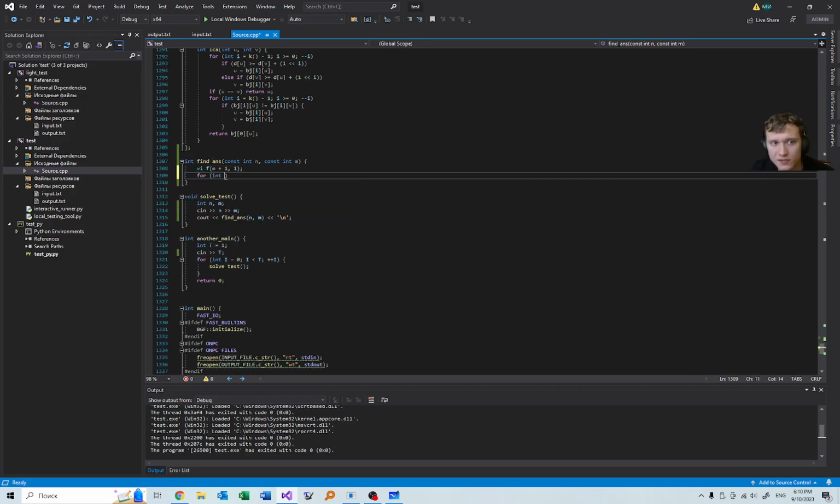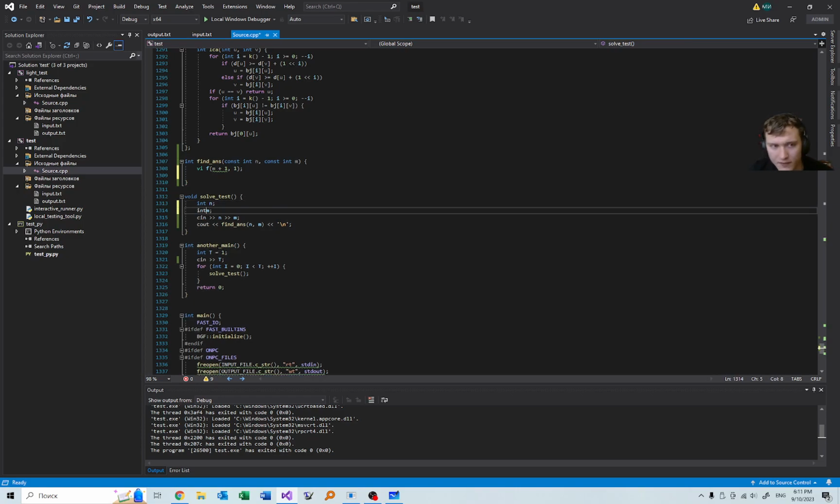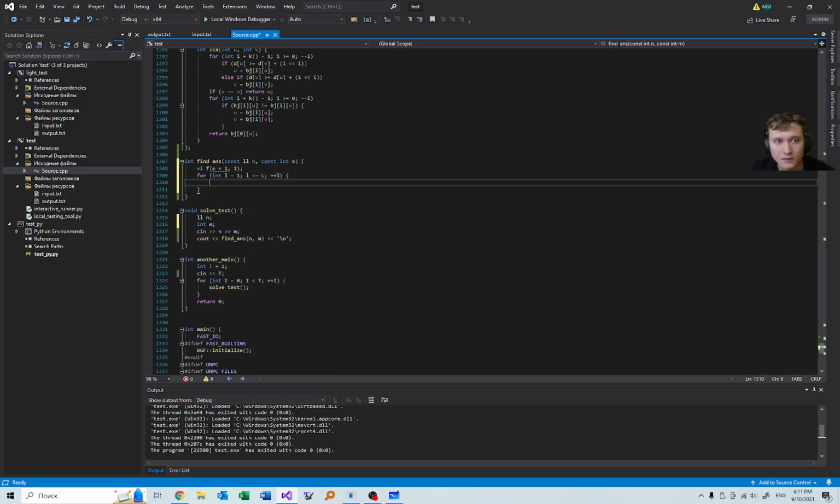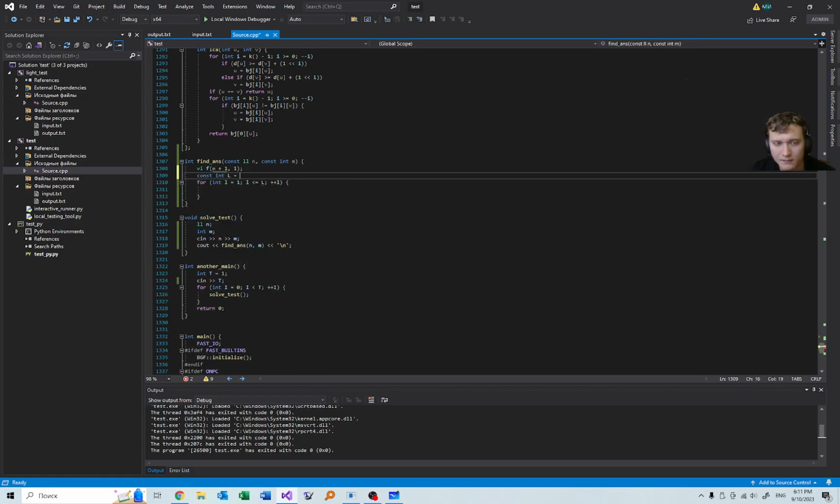Then we do something. Actually, L should be int, M should be int, and N should be long long. So what is L? Might be like 100, I don't know, or 1000.